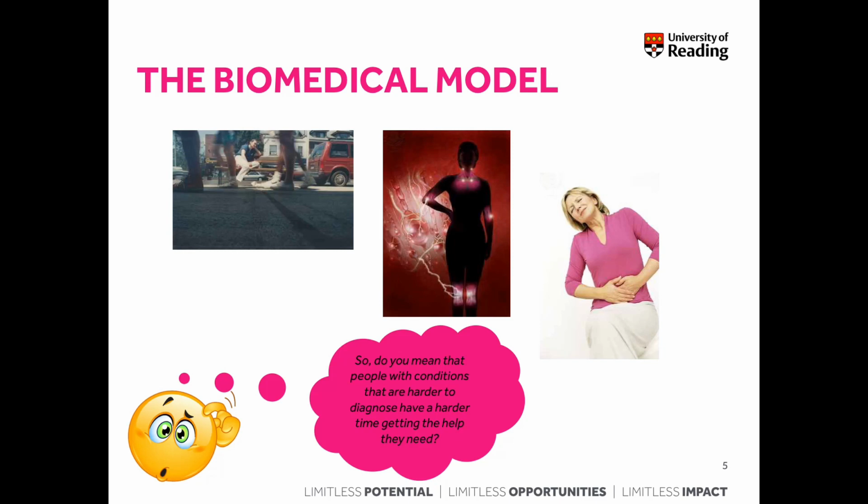For example, if no identifiable disturbance can be seen, then the issue cannot be considered to be a medical one, can it? Think of conditions that are hard to diagnose, for example, chronic fatigue syndrome, fibromyalgia, or irritable bowel syndrome. So I want you to think about how biomedicine might deal with these conditions.